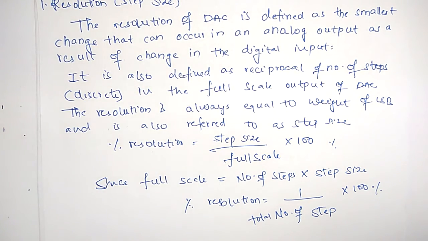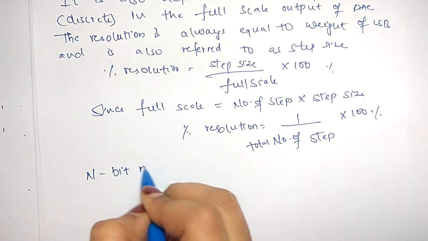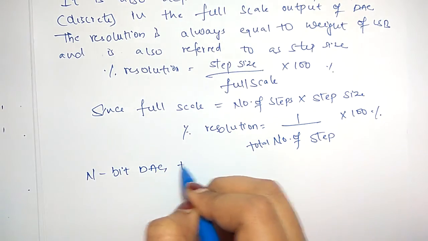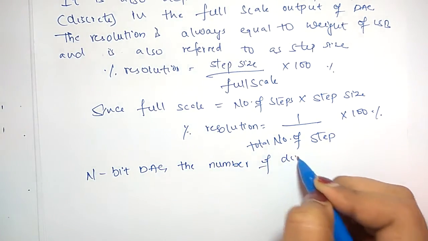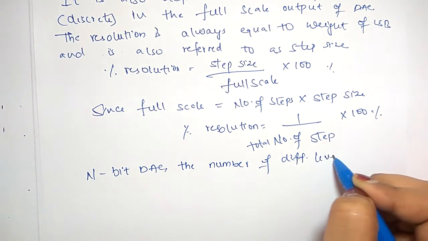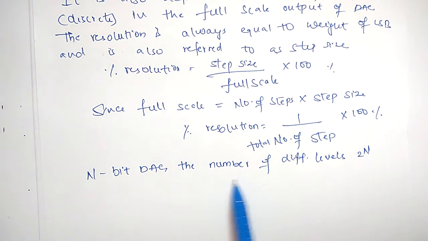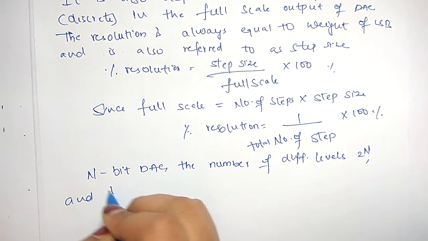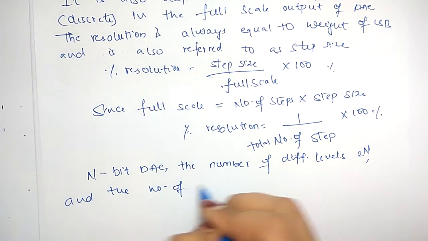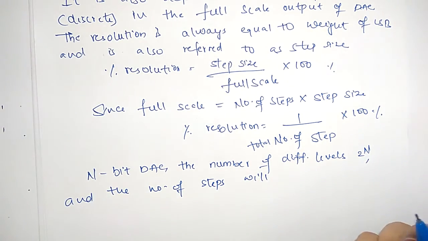So in general, for an n bit DAC, the number of different levels is 2 power n. Suppose a 4 bit DAC is there. How many different levels? 2 power 4, 16 levels will be there. And the number of steps for a 4 bit DAC will be equal to 15.